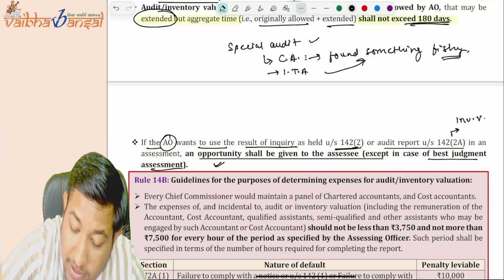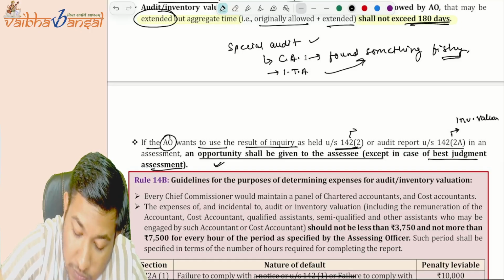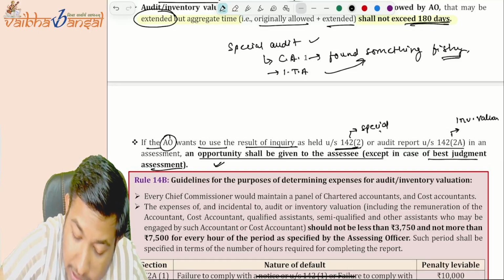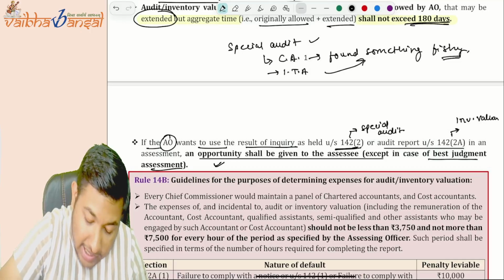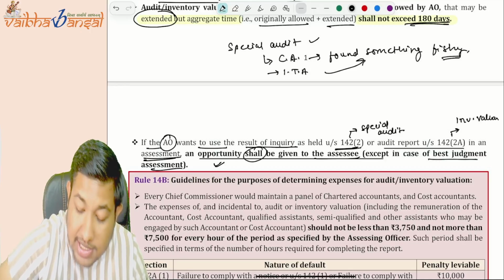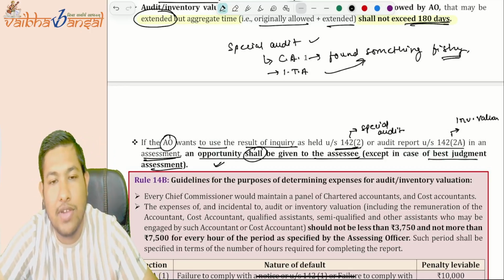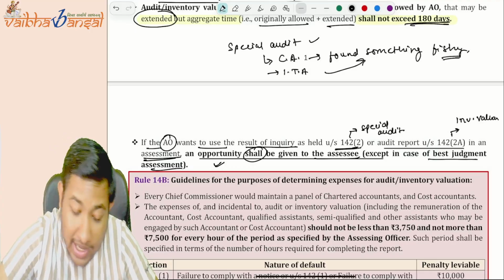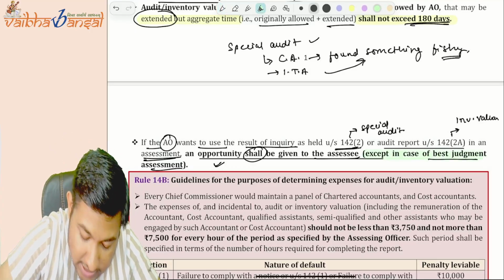Inventory valuation. And 142(2) is what? A special audit. Understood? In an assessment, the assessee should be given an opportunity of being heard, except in the case of best judgment assessment.